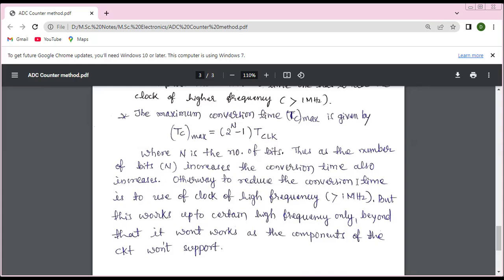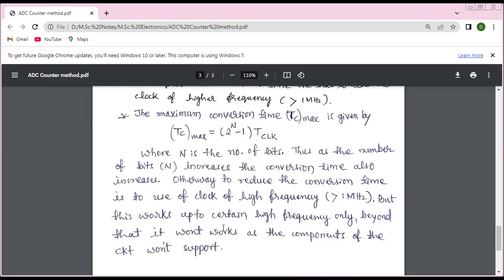The other way to reduce the conversion time is to use a clock of high frequency, greater than 1 megahertz. So here T clock is multiplied. Instead of raising this to n, you can change this so that conversion time is reduced. That is one method.